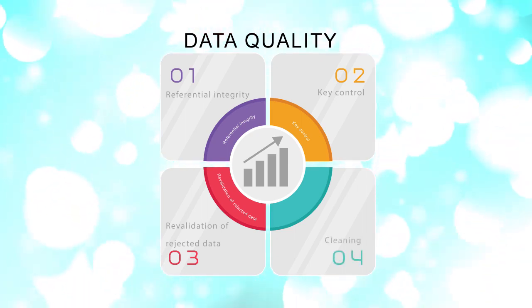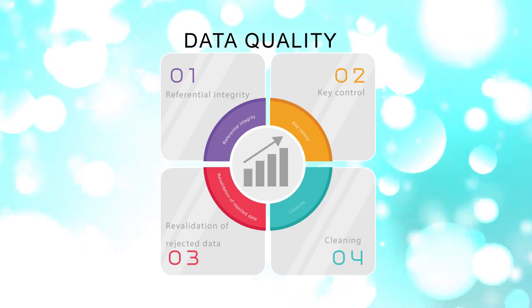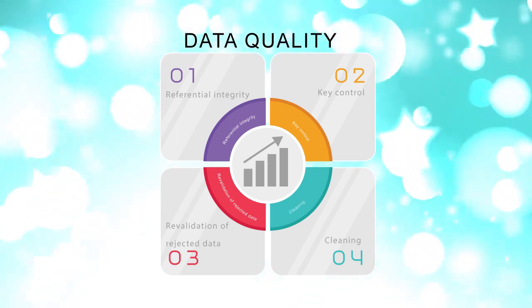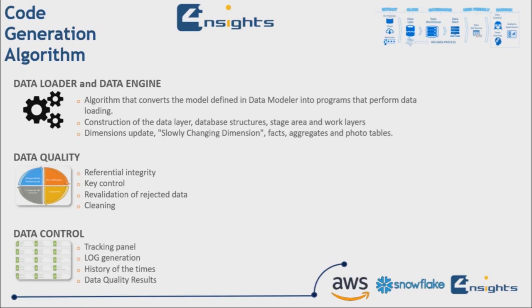Even when the data is rejected, 4INSIGHTS persists on revalidation to synchronize the rejected data if the problem that generated the rejection is resolved. An example is when a cadastral data customer type arrives late in relation to a movement, sale type. It is also possible to include a default value for registration data to prevent foreign key rejection.